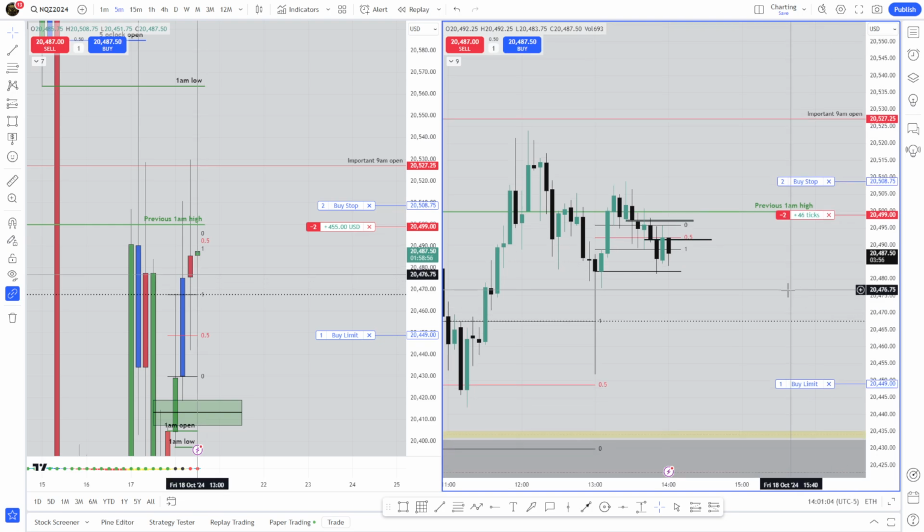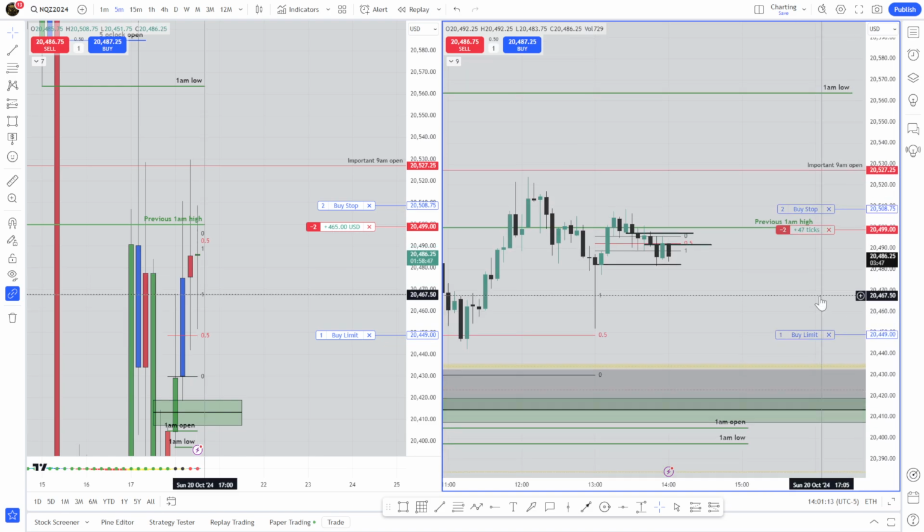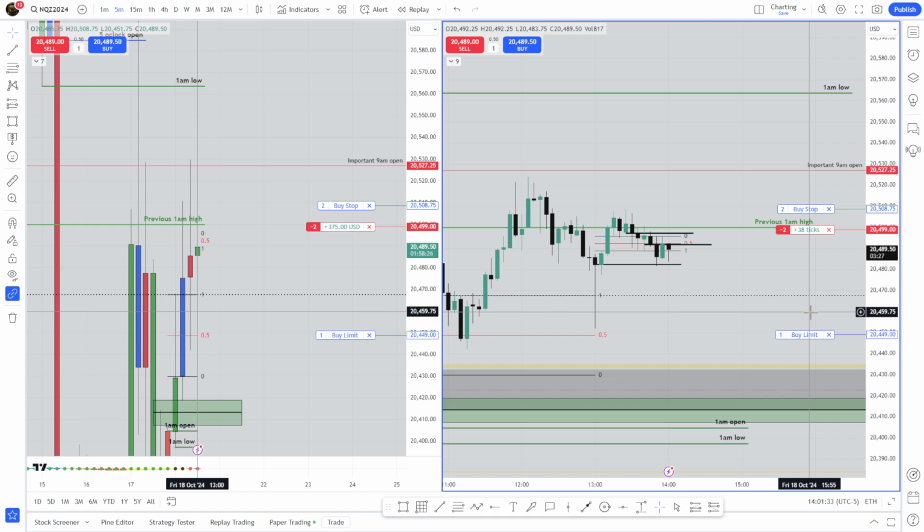We're not forcing anything. We're just allowing price to show us what it wants to do. We already have our targets that we would like. They're marked, they're ready. A lot of time left, but no displacement, no follow through as of yet.